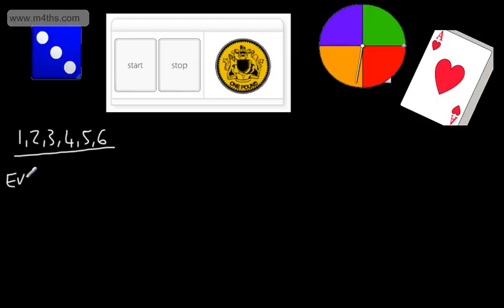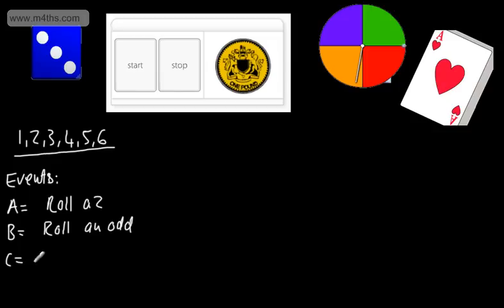Event A is rolling a 2. Event B, a different event, is rolling an odd number. And then finally event C is rolling a square number.